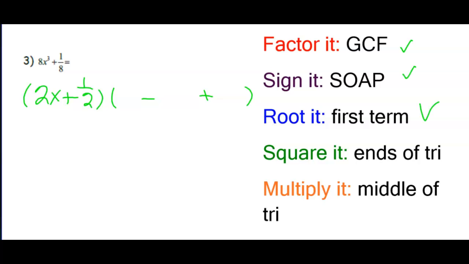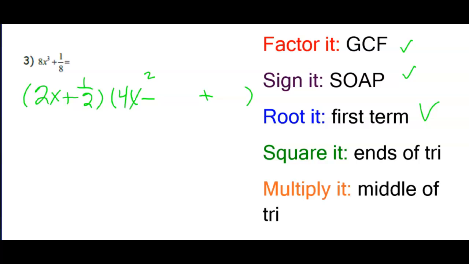Y'all, we're about to square it. Remember, you have to square the whole entire thing. So the first term of my trinomial is not 2x squared. What is it? 4. Yeah, you got to square that coefficient also. And then what's the other bookend?